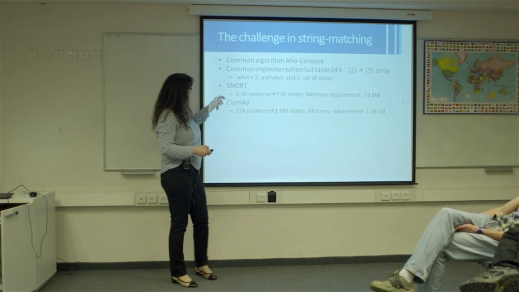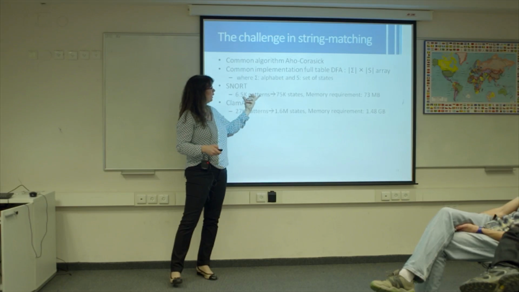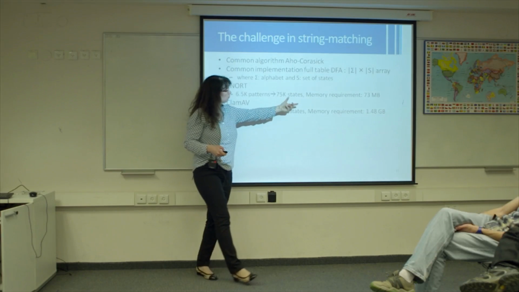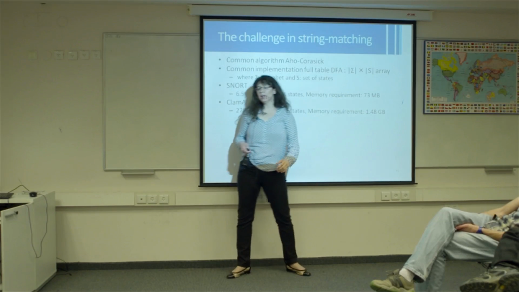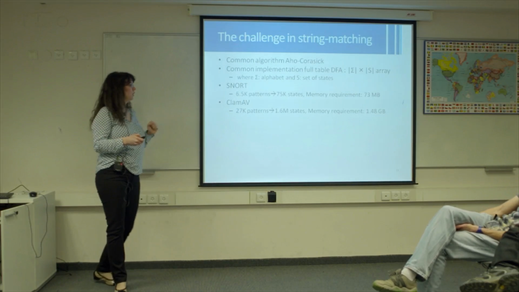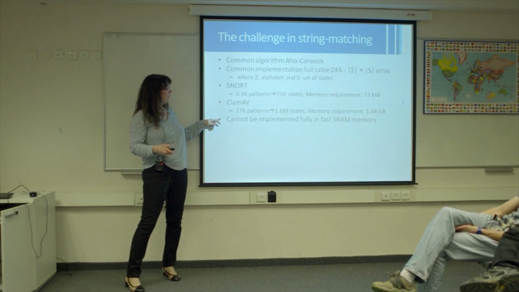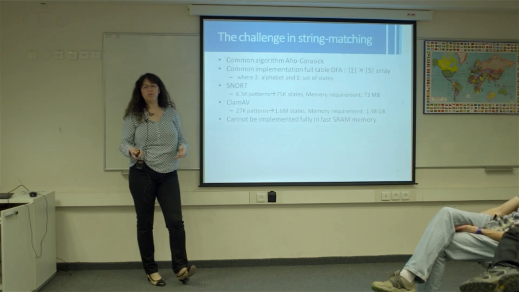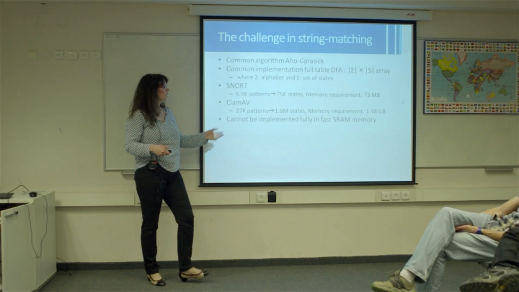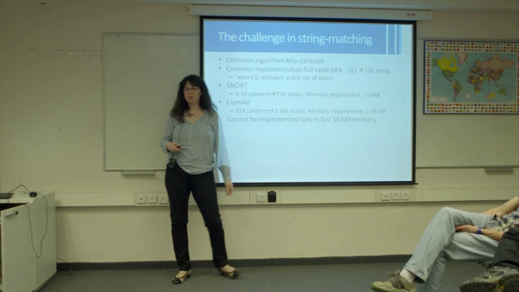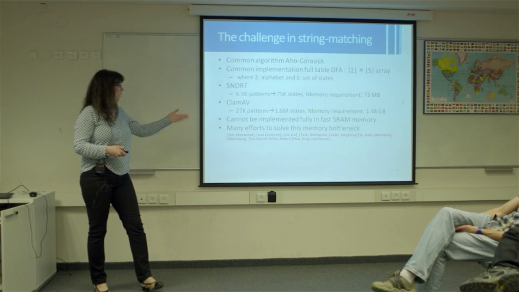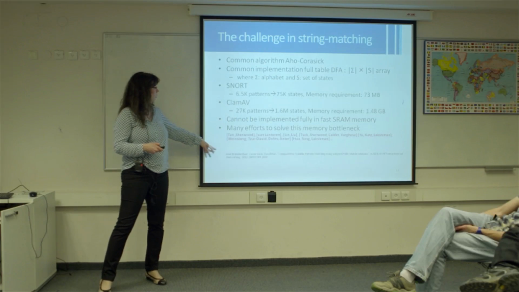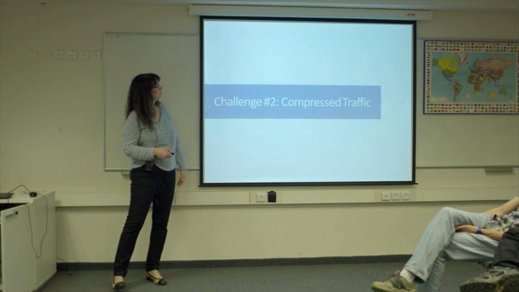The problem is that with today's number of patterns, the memory requirement is a little bit huge. But the problem is not only the space, but also the fact that with this memory requirement, you are running not on fast memory, but on slow memory. It cannot fit into fast SRAM memory. So there are many efforts to solve this bottleneck. We had some work also on this subject.